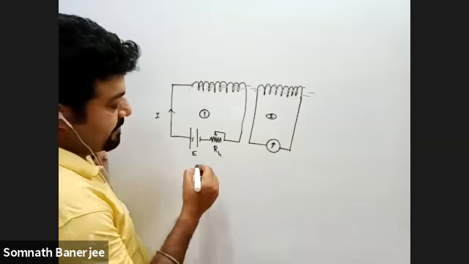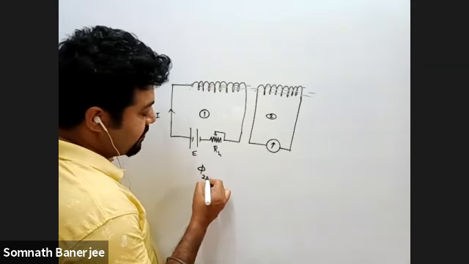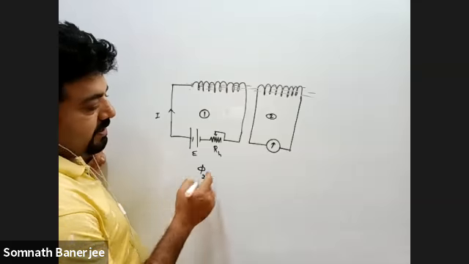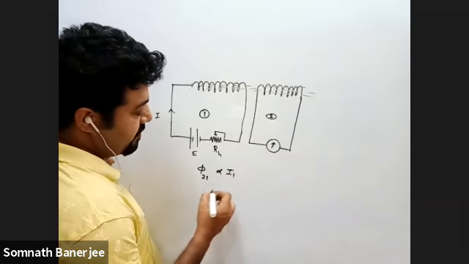So basically the flux of the second coil due to the first coil is directly proportional to the current of the first coil.